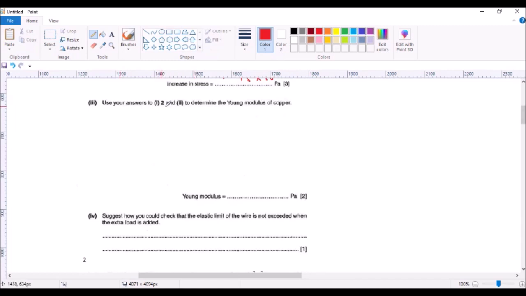Use your answer in 1 and 2 to determine the Young modulus.